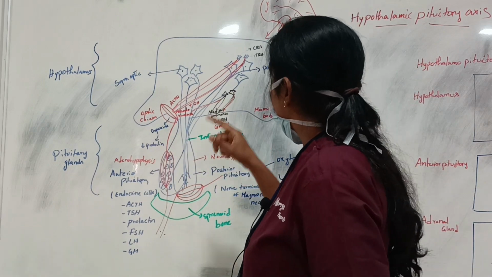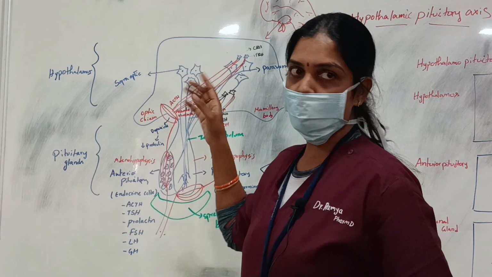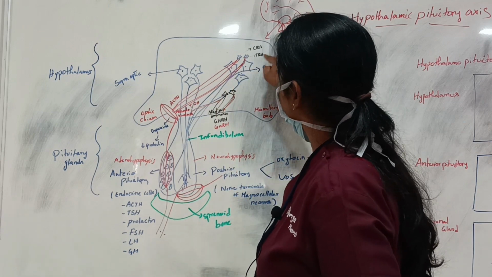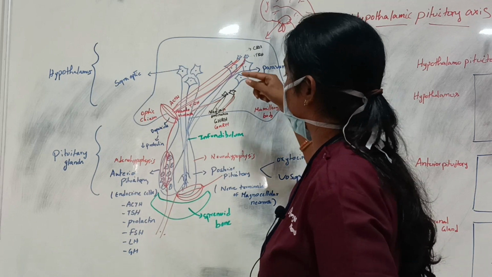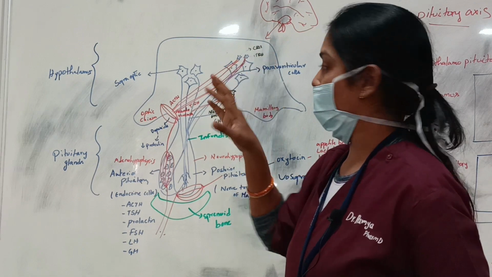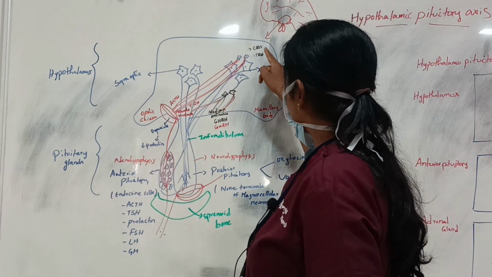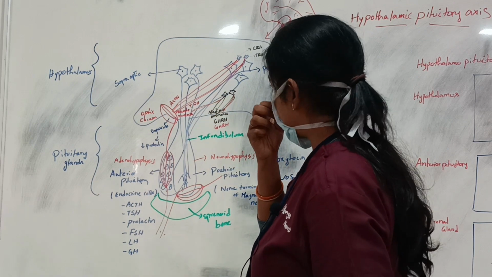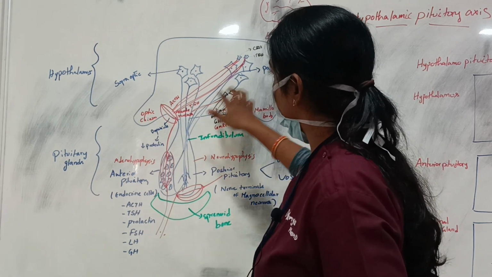I'll tell you which hormones are released from which neurons. These small neurons present in the paraventricular cells will release corticotropin releasing hormone. For example, this corticotropin releasing hormone ends up in the median eminence. Sorry, I connected this.